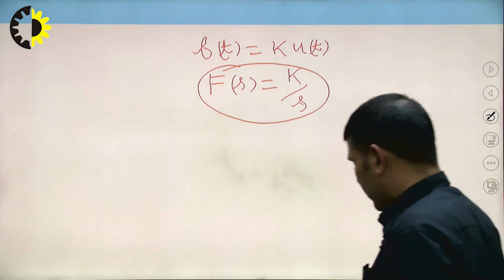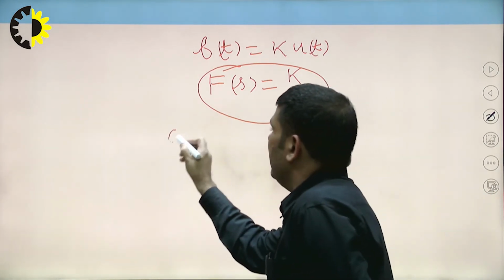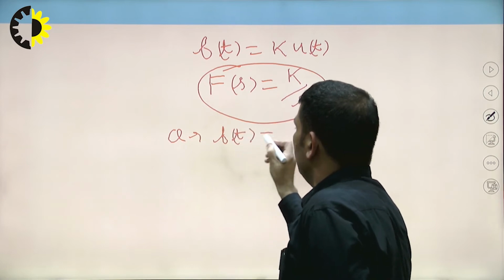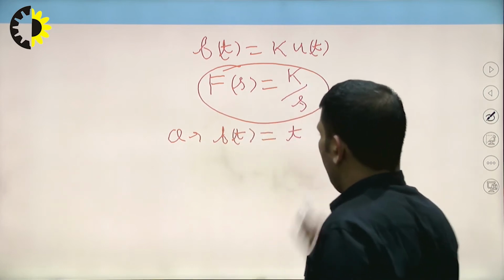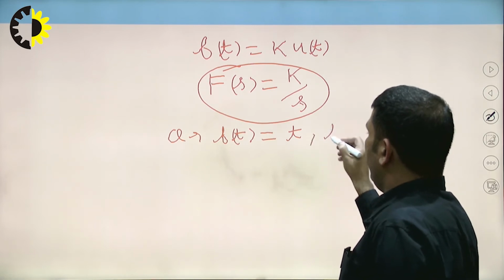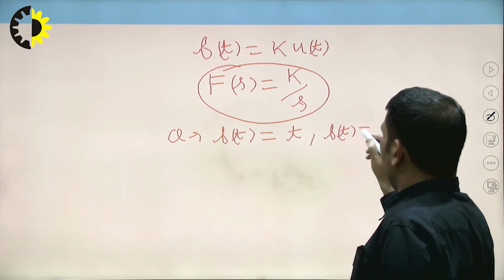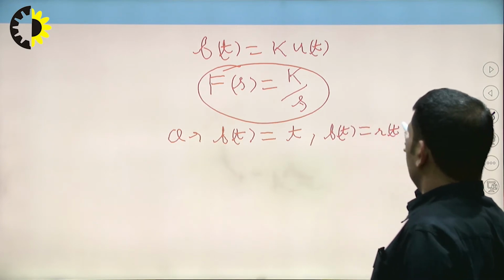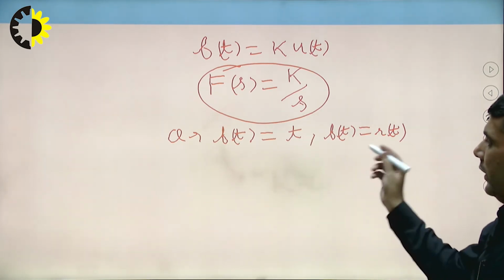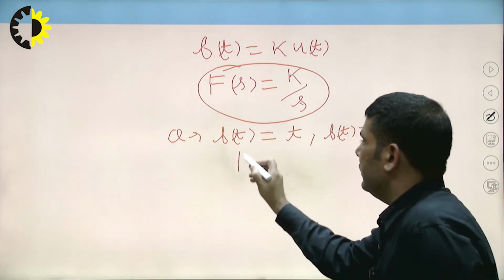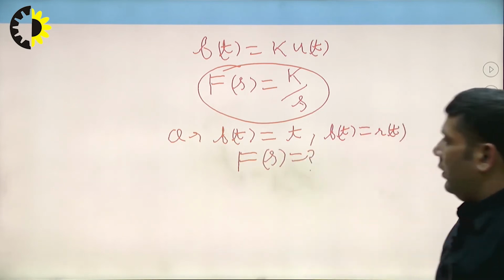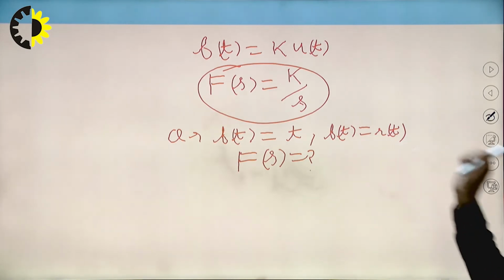So let us discuss another example. Suppose the question is ft is equal to t, or you can say ft is equal to rt. That is the ramp function. That is a basic continuous signal or function. So the question is to find out Fs for this. Okay. So how to find out?